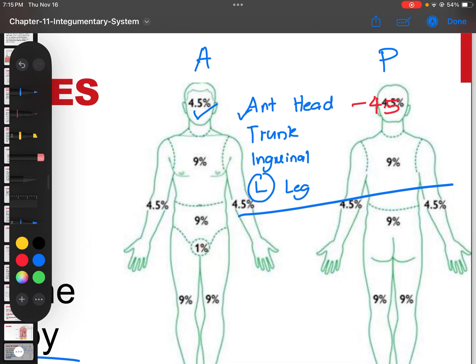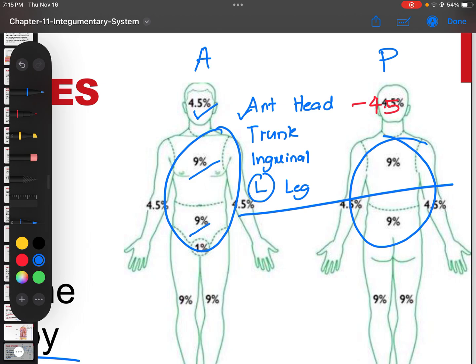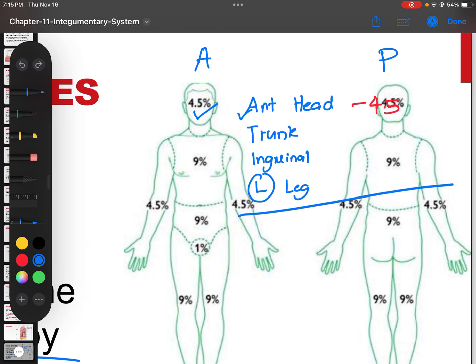But since I did not say if it is anterior or posterior, we also have to include the posterior. So it is 9 plus 9 plus 9 plus 9. That makes it 36%.